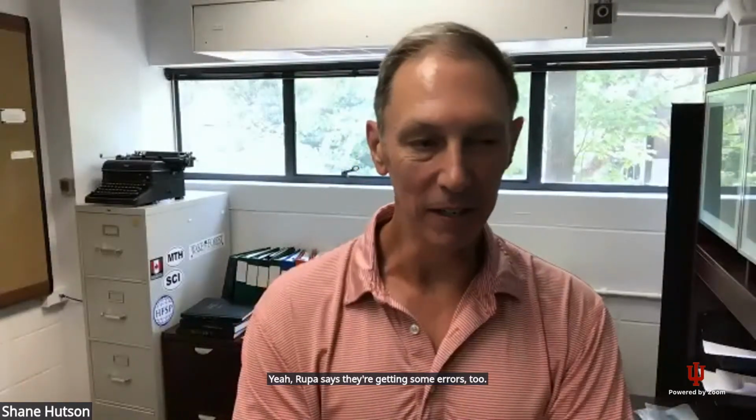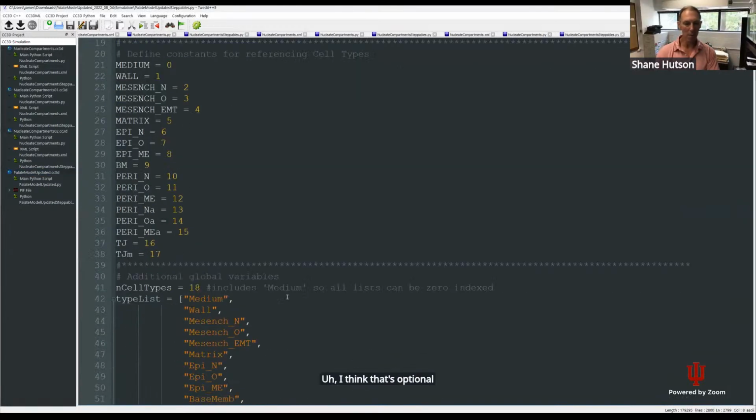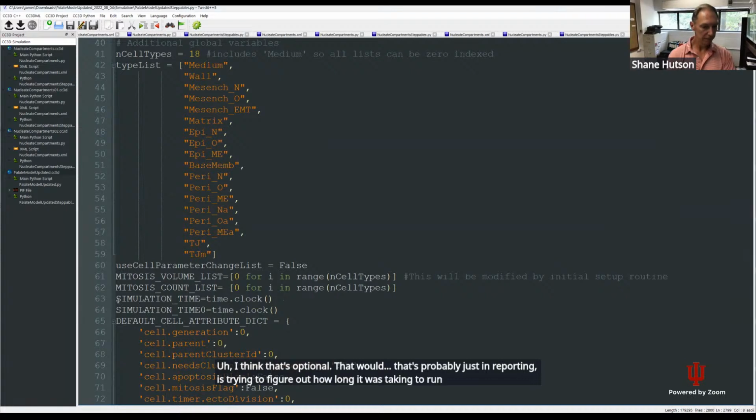It'll take some debugging. It looks like the time function isn't available. It says simulation time equals time.clock. Time has no attribute clock. That one, is that an essential function or is that something that's optional? I think that's optional. That's probably just in reporting, trying to figure out how long it was taking to run the simulation.